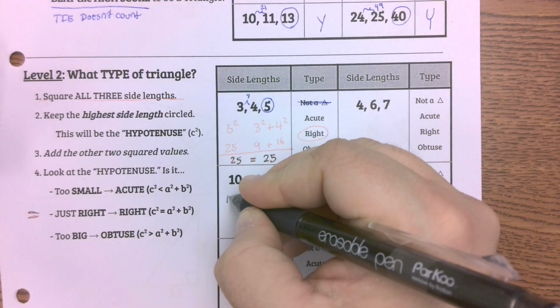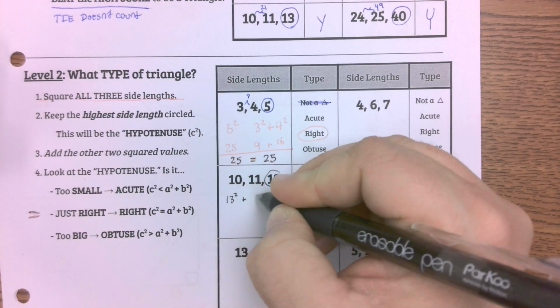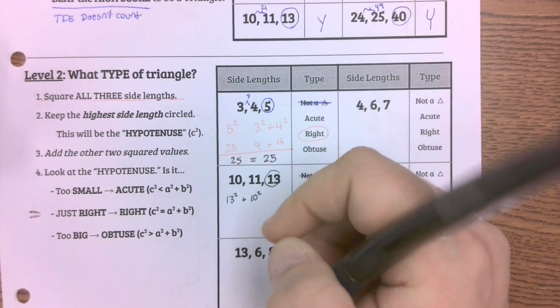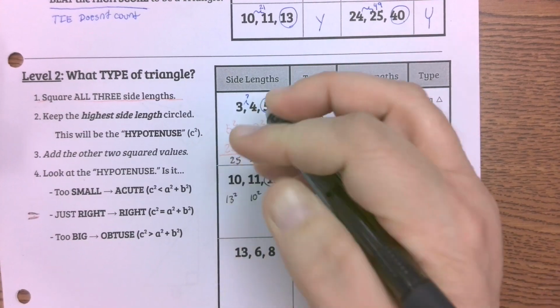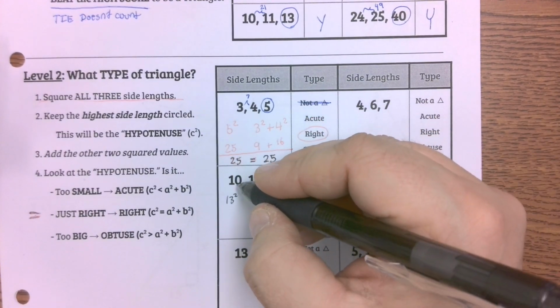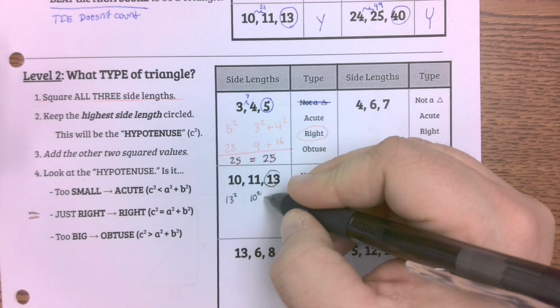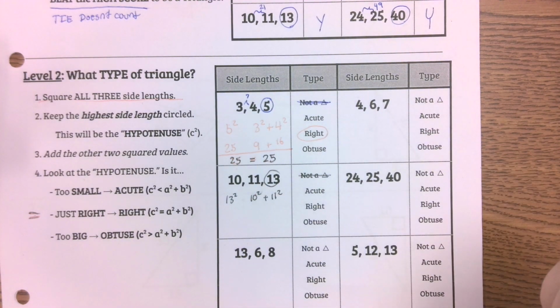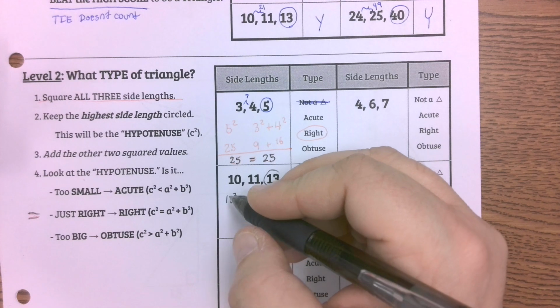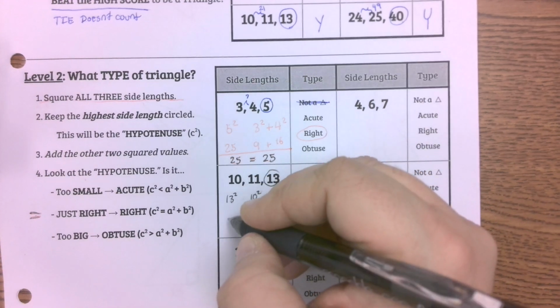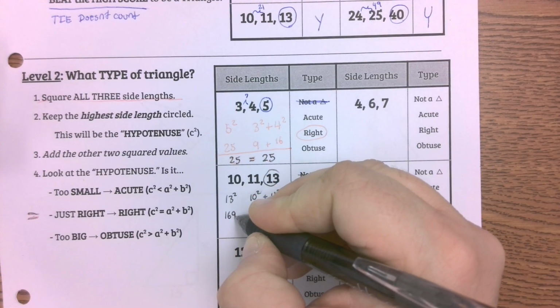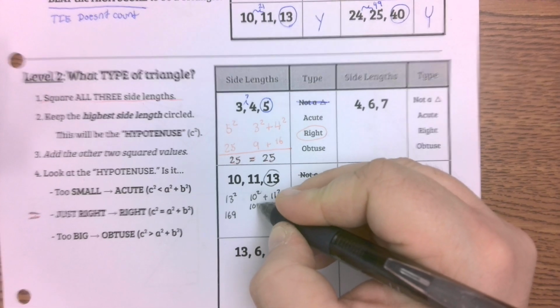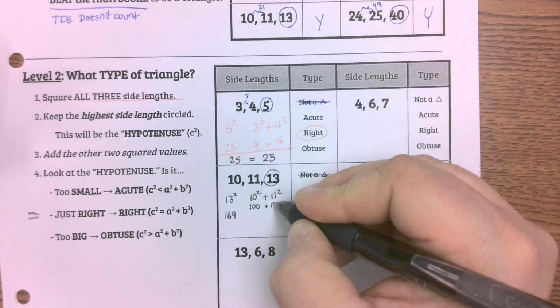We've got 13 squared, and then the other 2, I use my small ones, 10 squared plus 11 squared. This one's on its own as a comparison. 13 squared is 169. 10 squared is 100. And 11 squared is 121.